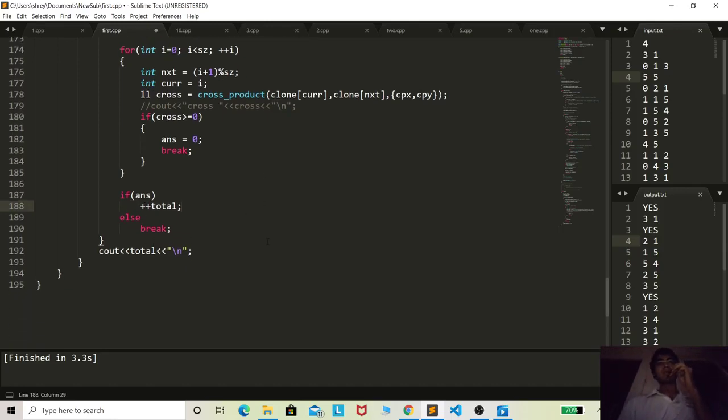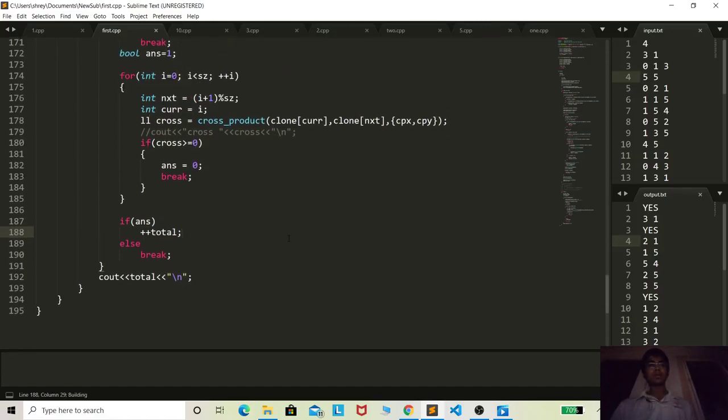Okay, so let's just execute this program and check if it runs well or not. So it's compiling well.